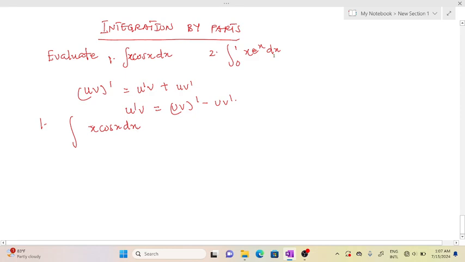For the derivation, we are going to take the integral on both sides, because we want to find the integral of the product of two functions.